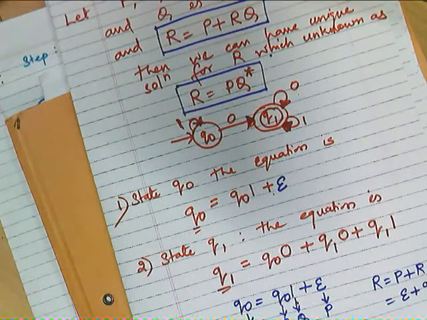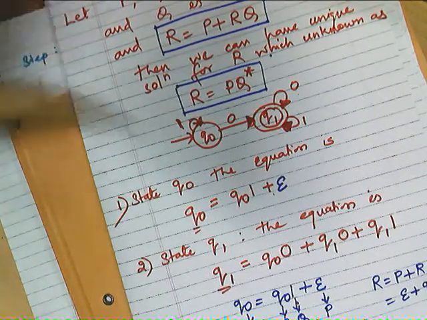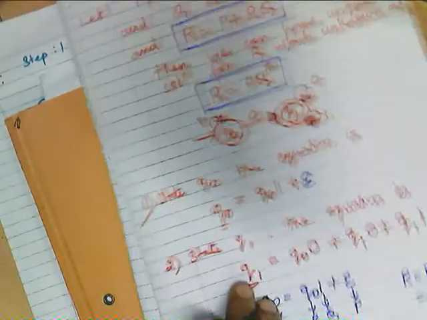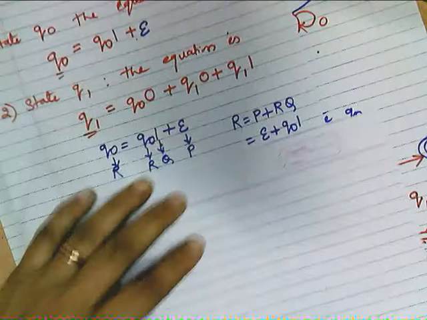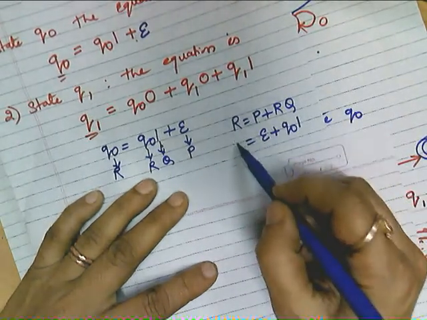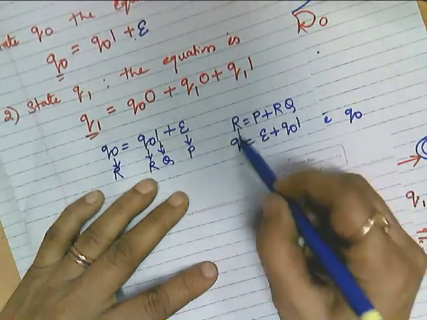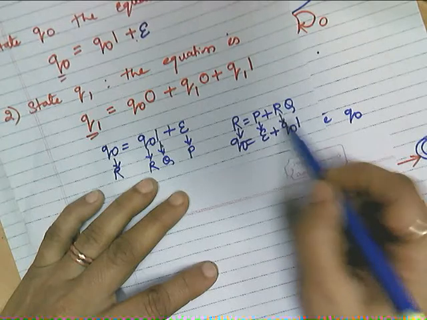Okay, so if the equation is in this form, then we can apply Arden's theorem. When can we apply Arden's theorem? If it is satisfying this particular form. Is it satisfying? It is satisfying this particular form.